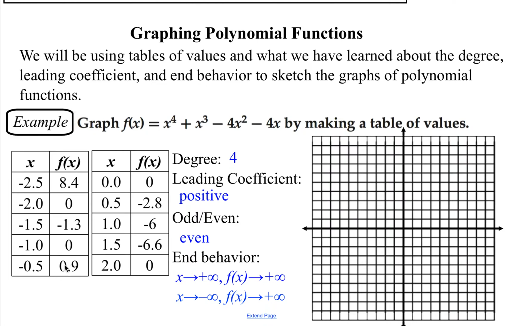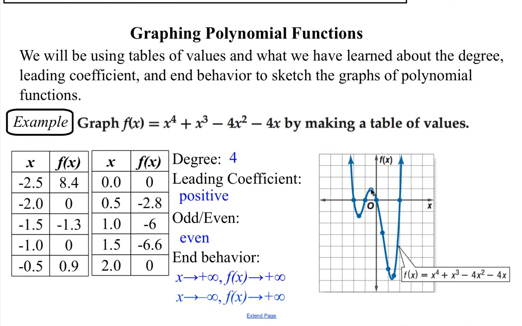So then what you would do is you would plot these points, and these are going to be approximations on your graph when you get things like 1.3 or 0.9. This is just a sketch, so just sketch those points, and it kind of looks like a goofy W. So that's kind of what we're looking to do.